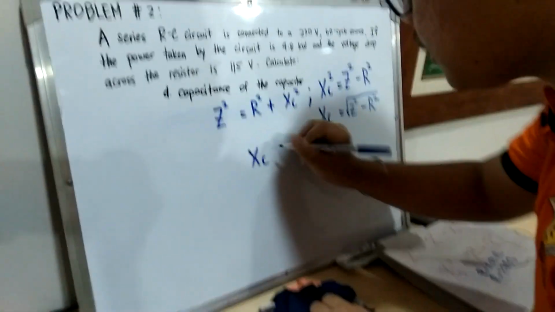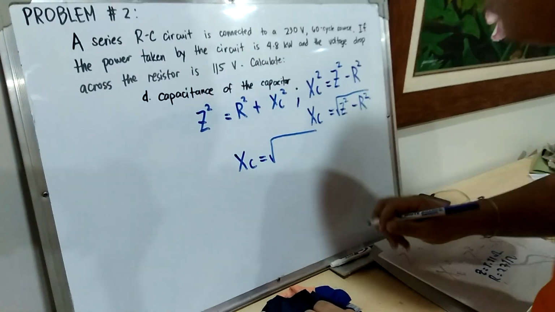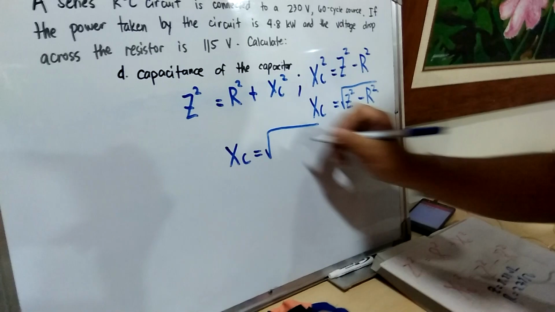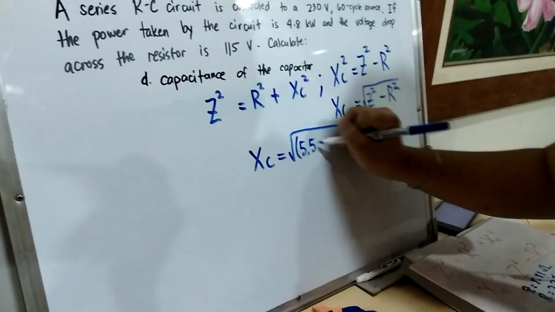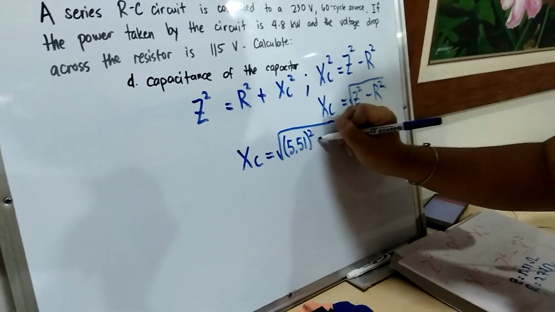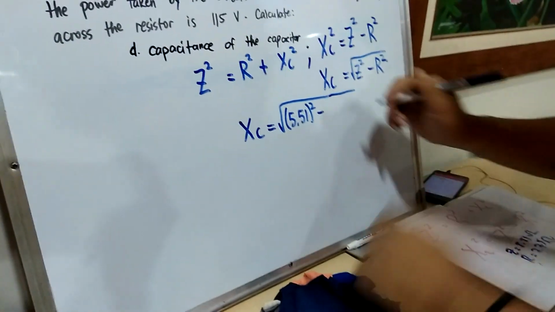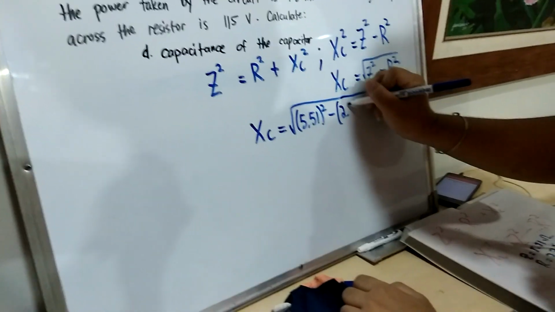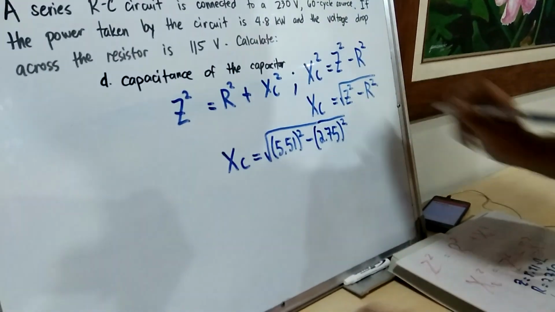X sub C is equal to the square root of the value of impedance that we got earlier, 5.51 squared, minus the value of R, 2.75 squared.